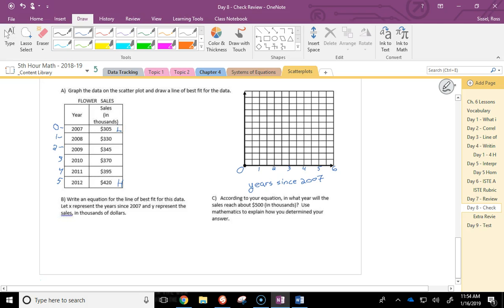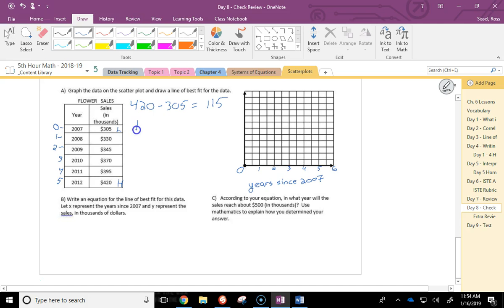So I'm going to do 420 minus 305, and that gives me 115. 115 is my range, which means my scatter plot's going to range over 115.